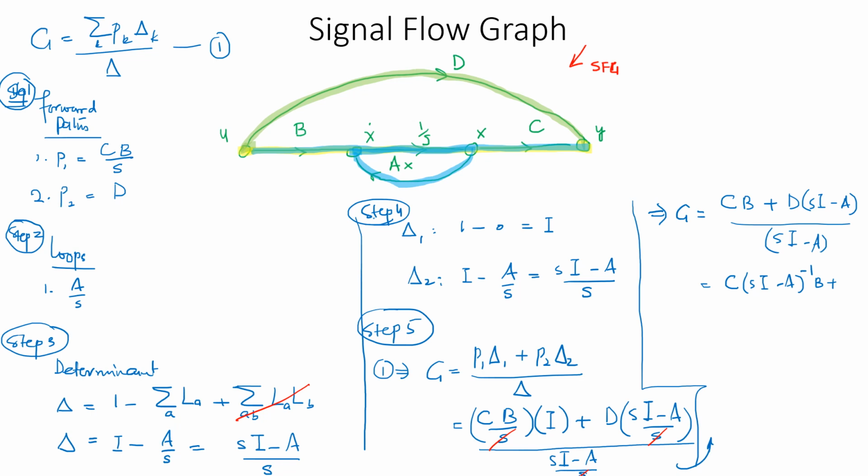That is going to be identity matrix, so this is simply D. Now if you have that, this would mean that gain is equal to C Si minus A inverse times B added with the matrix D. So this is your gain of the system.